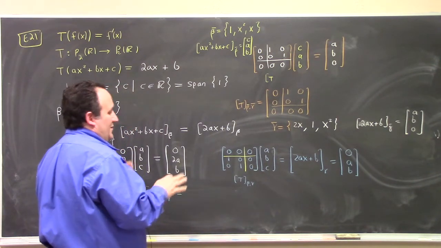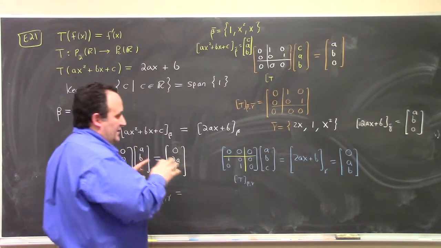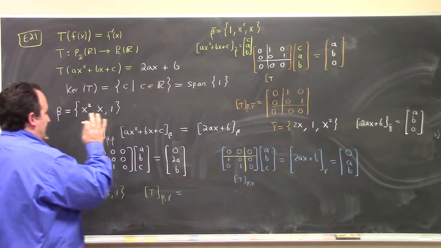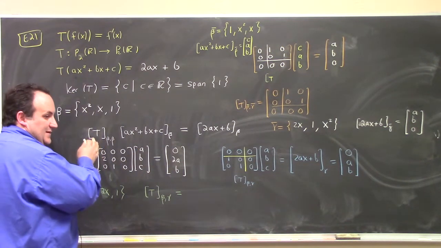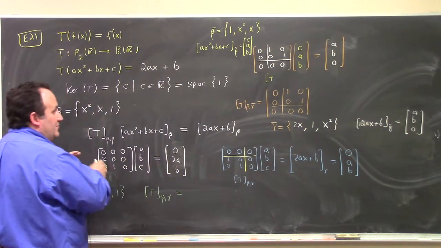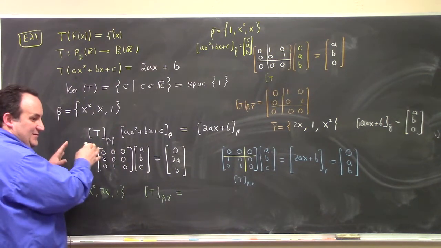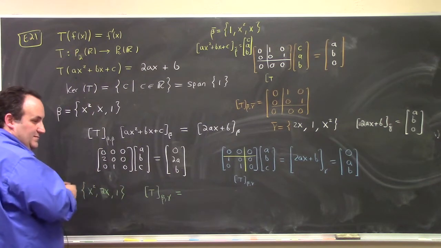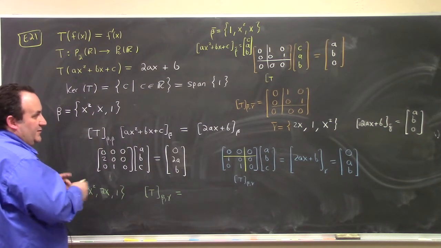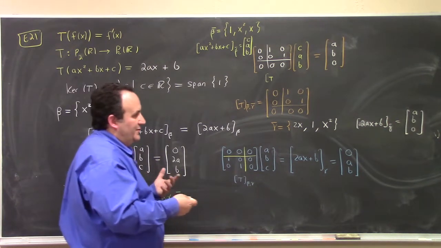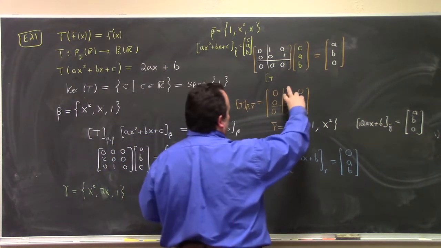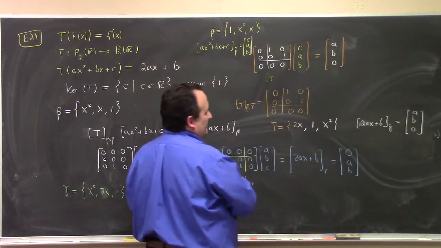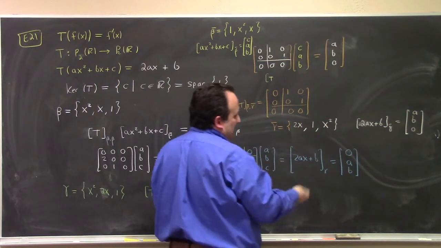So basically, what I'm trying to point out to you is that by manipulating the order of the domain basis and the order of the range basis, you can move the identity matrix in your matrix representation wherever you want, essentially. You notice what's going on. What's producing the ones here? What kind of basis are we using?